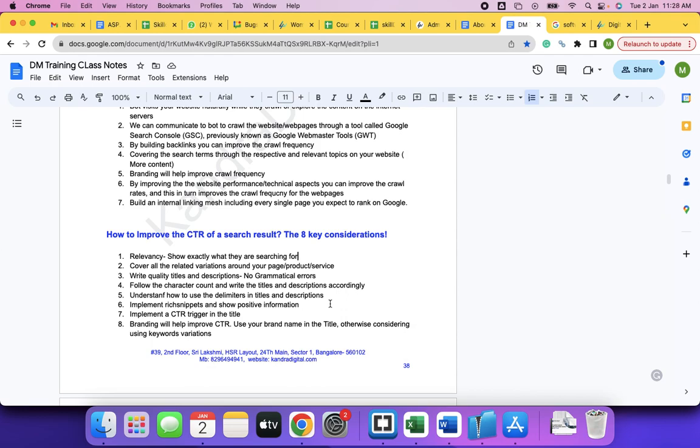Understand the symbols and how to use delimiters in the titles and descriptions.